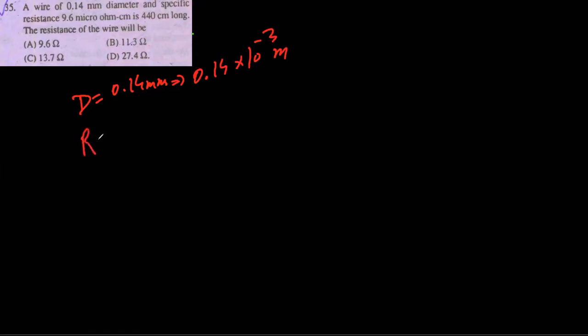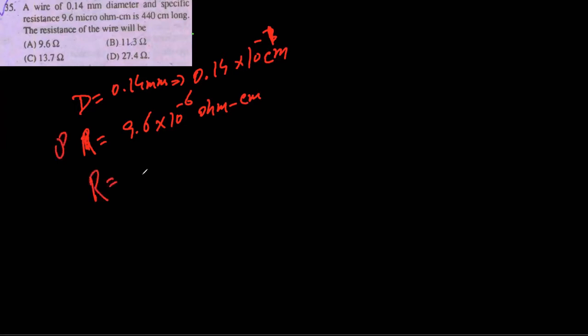Resistivity is 9.6 micro, so that is equal to 10 to the power minus 6 ohm centimeter. Length is 440 centimeter. Actually all units are in centimeter, so let's also take the diameter in centimeter. So this will be minus 1. Okay, so this is actually your resistivity.